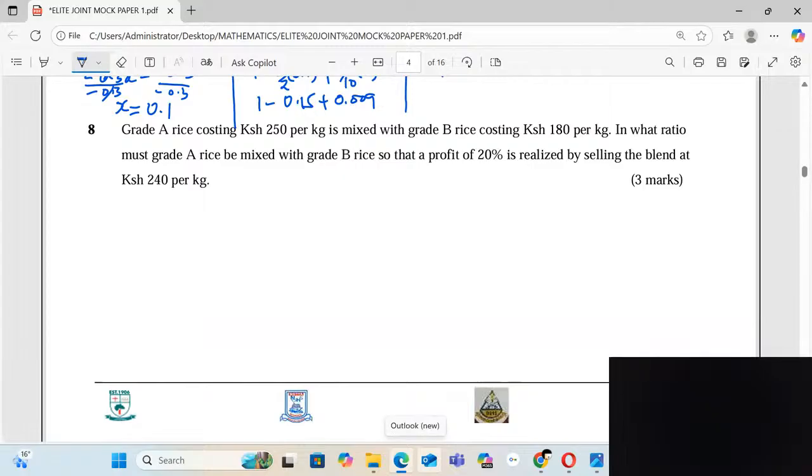In what ratio must grade A rice be mixed with grade B so that a profit of 20% is realized by selling the blend at 240 shillings per kilogram? Now, this is a question on mixtures.